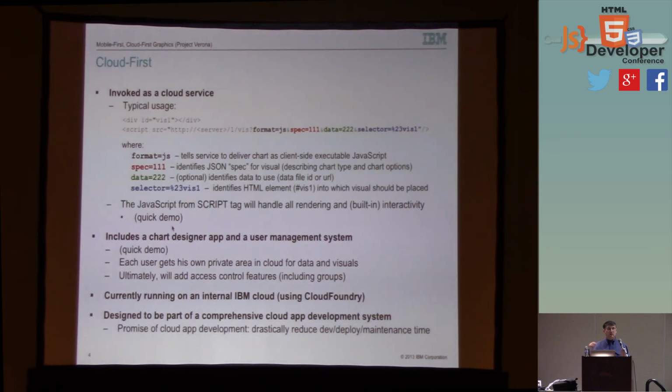And we have an initiative that we've launched at the Jazz Foundation called Jazz Hub, where you can create your own development projects and totally do development in the cloud. It's very good for Node development, and you can do JavaScript editing using a cloud-based editor. So the idea here is that this is the visualization component that would fit into a web development cloud-based tooling system.